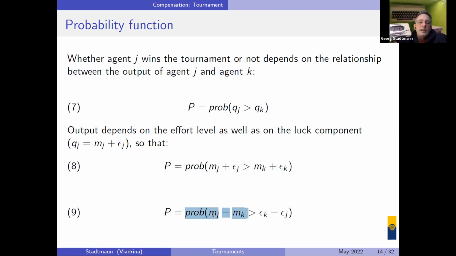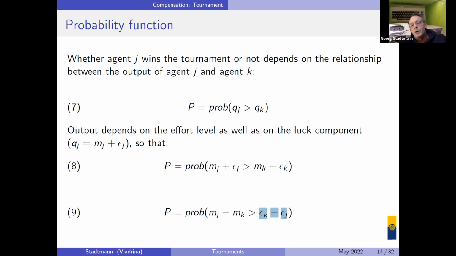And then in equation number 9, we have on the left-hand side of the inequality the difference between the effort level of agent J and the effort level of agent K. So the effort differential is on the left-hand side. And on the right-hand side, we have the difference between the luck components.